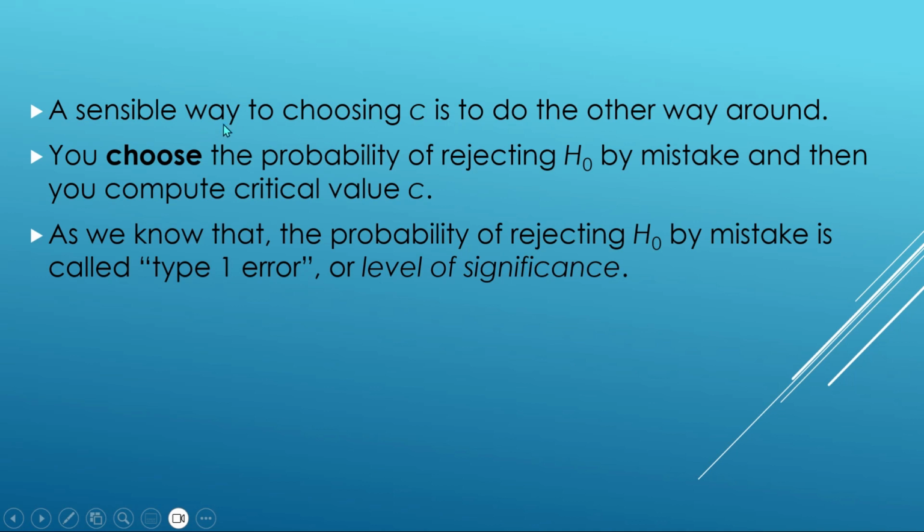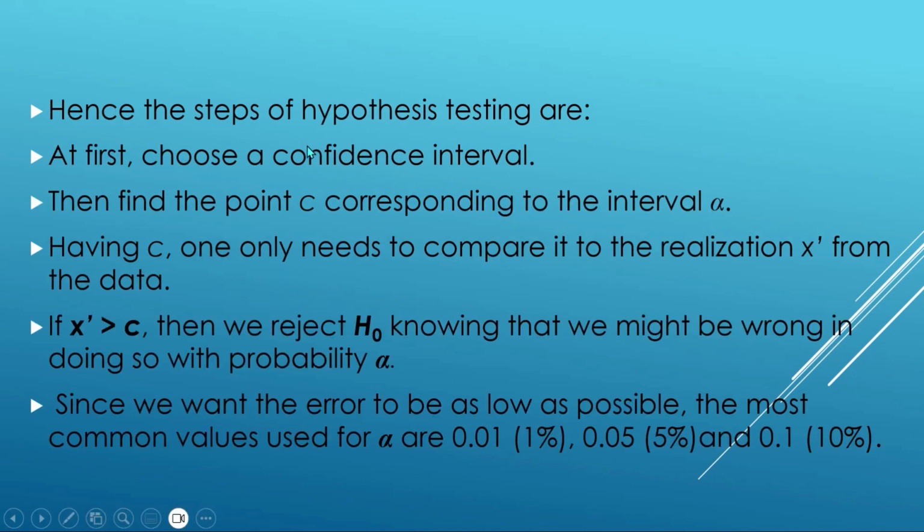A sensible way of choosing c is to do the other way around. You choose the probability of rejecting H0 by mistake, then you compute critical value c. As we know, the probability of rejecting H0 by mistake is called type 1 error or level of significance or alpha.